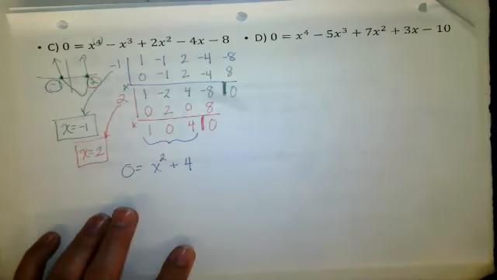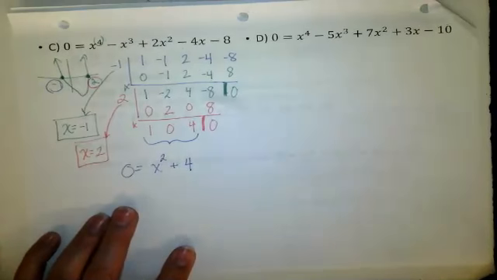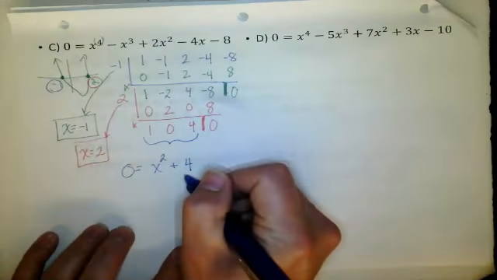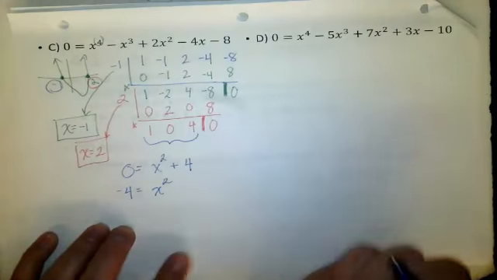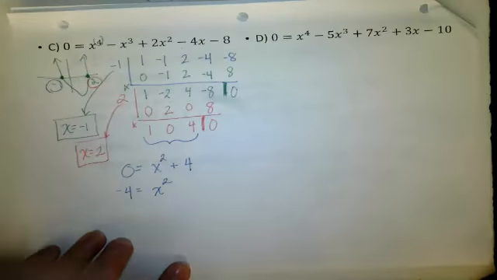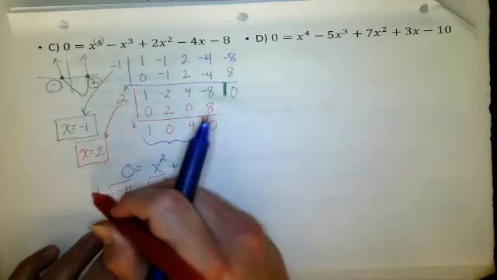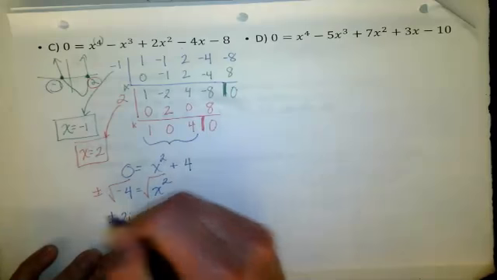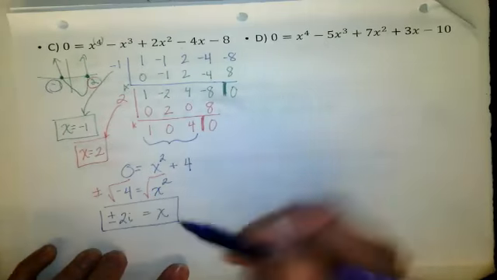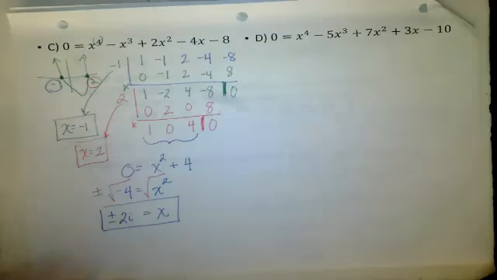We want to set it equal to 0 to solve for the zeros. So I'm going to move that 4 over and then square root both sides, don't forget the plus or minus. So we get plus or minus 2i. So we have 2 imaginary solutions and our 2 real solutions.